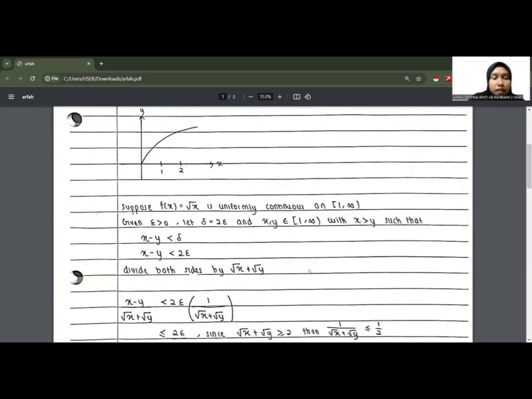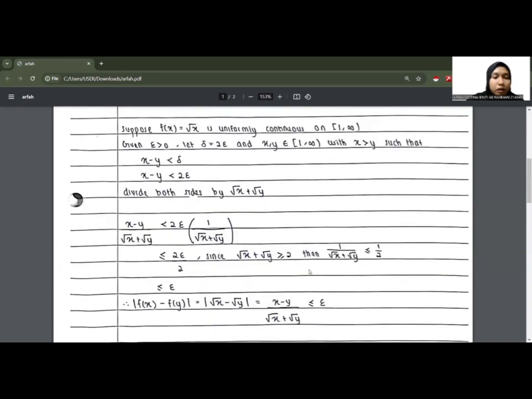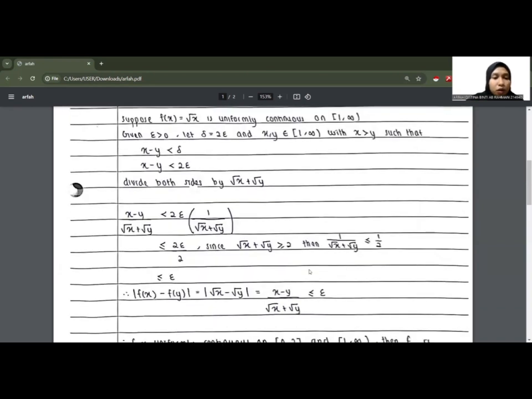Just now we let delta equal to 2 epsilon. Then we get x minus y less than 2 epsilon. Then we divide both sides by square root of x plus square root of y. Then we get (x minus y) over (square root of x plus square root of y) is less than 2 epsilon multiplied by 1 over (square root of x plus square root of y).